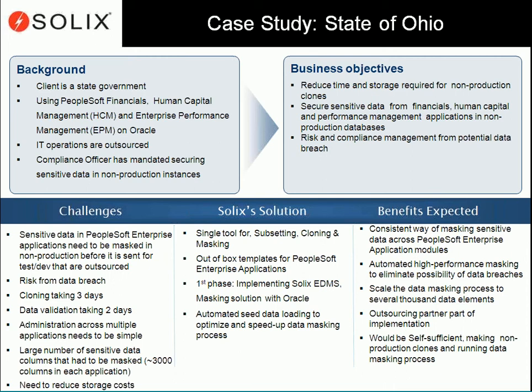So as and when the production data is moved into the non-production environments, all the sensitive information is masked or encrypted. And the data we are talking about is very large. For each of these application modules, we were talking about 3,000 data elements or columns per application, so several thousand columns and obviously millions of transactions.